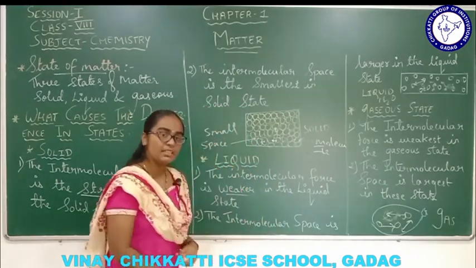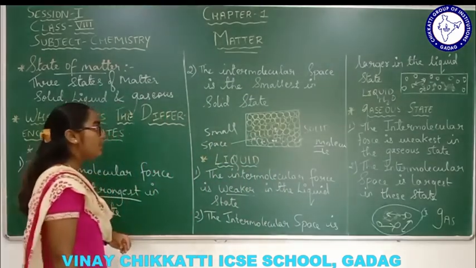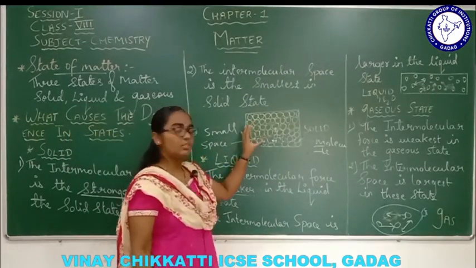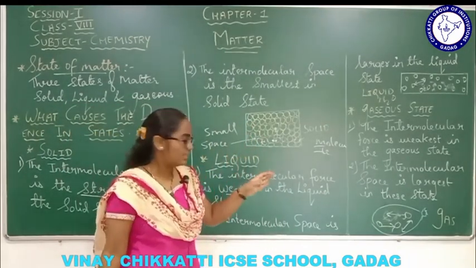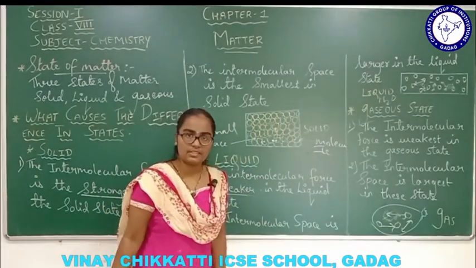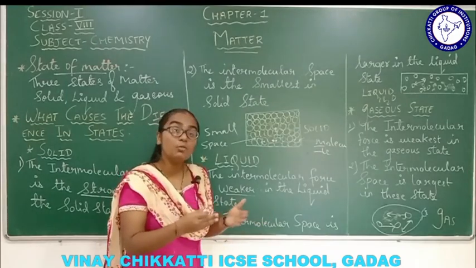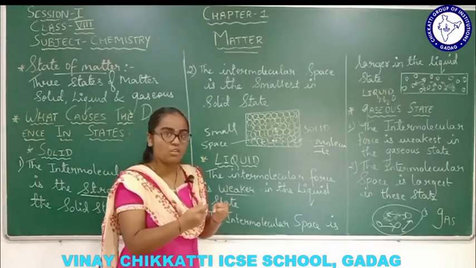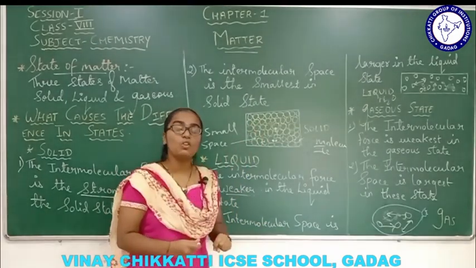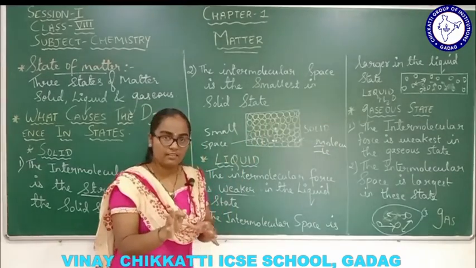So from the diagrammatic representation we can easily see a little recap about the solid, liquid and gaseous states. In the solid state, the intermolecular force is very, very strong and the intermolecular space is small.